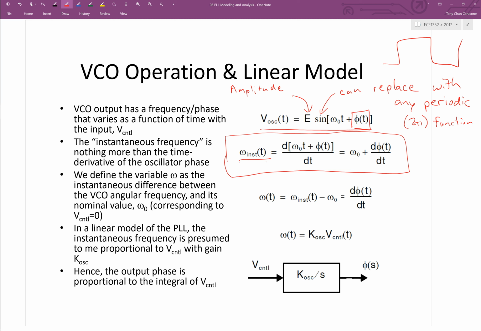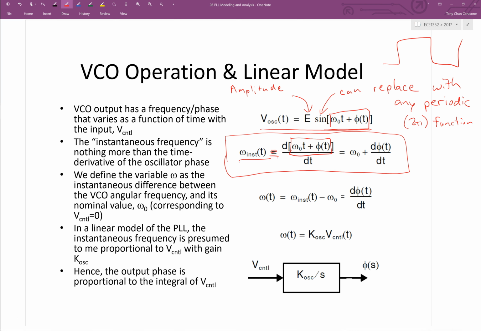So that would be the angular frequency in radians per second. That's what we're doing here. We're taking the whole argument of the periodic function, the sinusoid, and taking the time derivative of it. And that time derivative is, by definition, our instantaneous frequency.